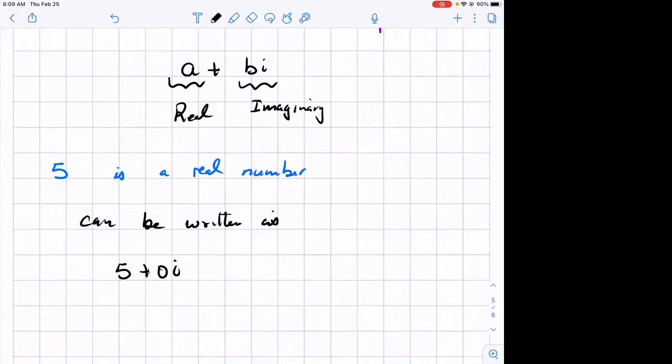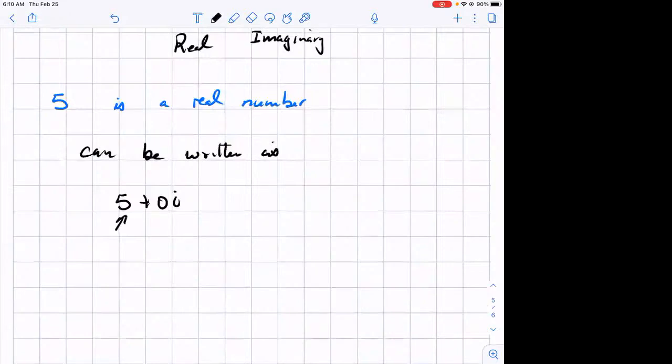Here we have the real part, and this part is my imaginary. But we don't write 0i, as there is no significance in writing it. It's just to show you that a real number can be written as a complex number.